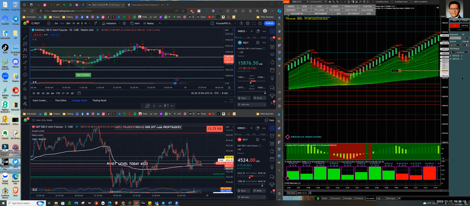Okay, so on my thing, do I have it on this one? No, I have it on the other computer. I have different ATMs based upon what I am trading, as well as whether or not it's choppy or very trendy.